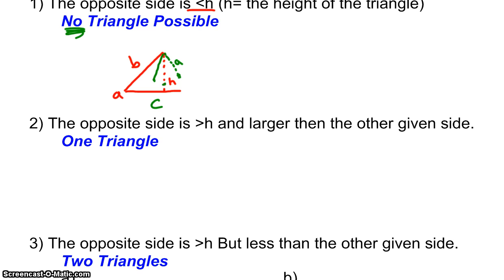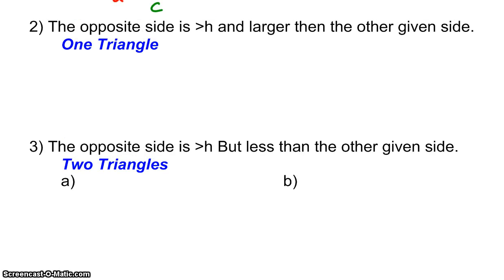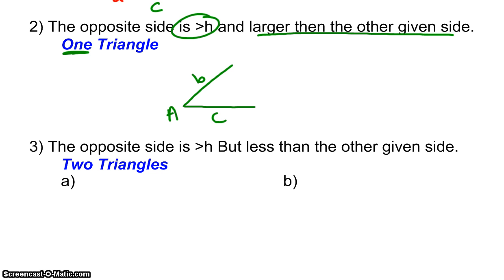If we look at case 2, and case 2 is where the opposite side is greater than h and larger than the other given side, we're going to have one triangle. So what that means is we have our bottom line, we'll call C. Our angle A is going to again be an acute angle, and there is B. Now what is the possibility if A is larger than B?